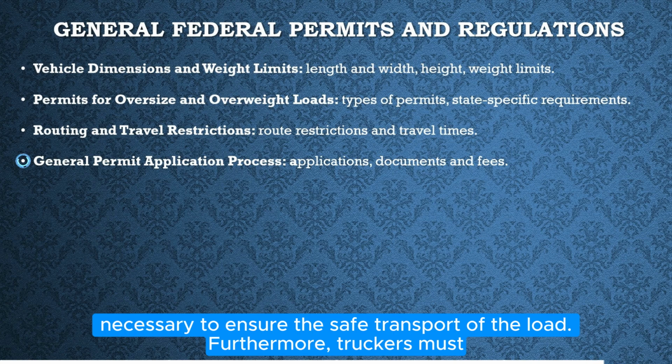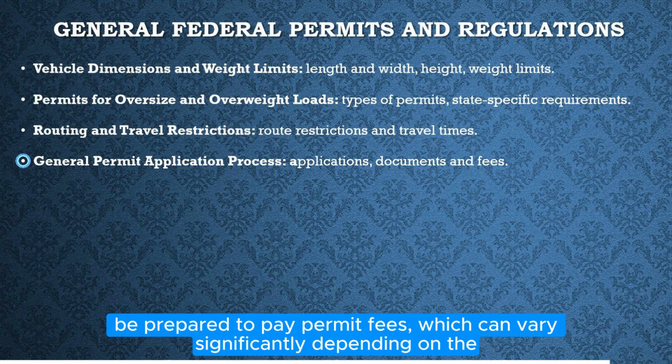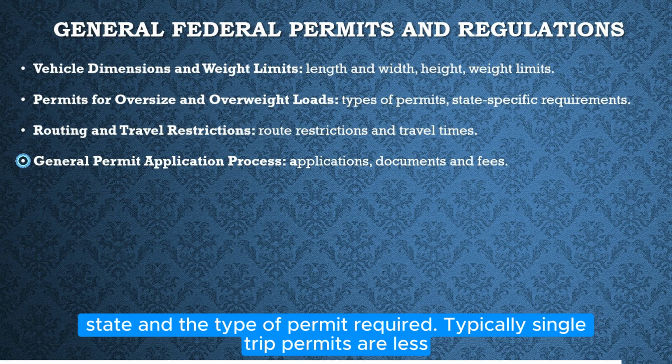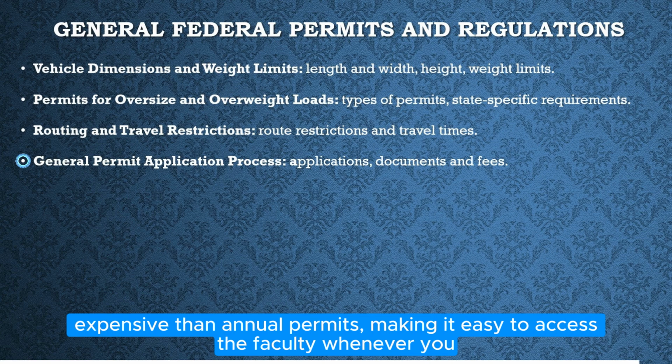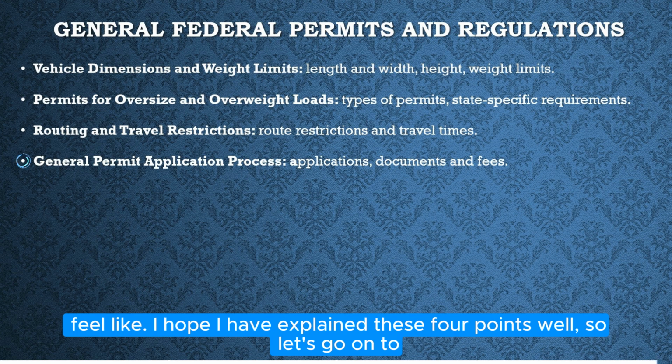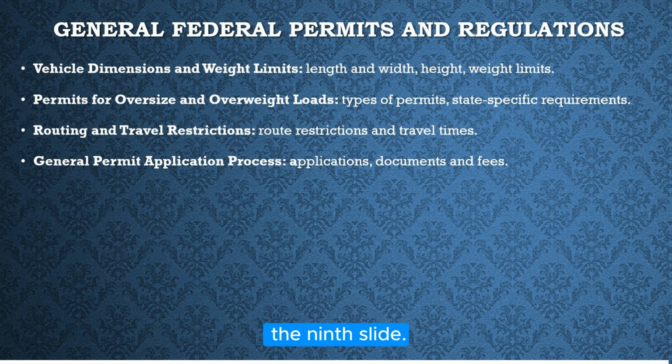Furthermore, truckers must be prepared to pay permit fees, which can vary significantly depending on the state and the type of permit required. Typically, single-trip permits are less expensive than annual permits, making it easy to access the facility whenever you feel like. I hope I have explained these 4 points well, so let's go on to the 9th slide.